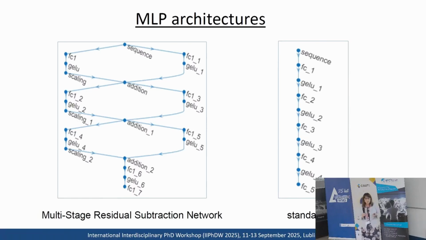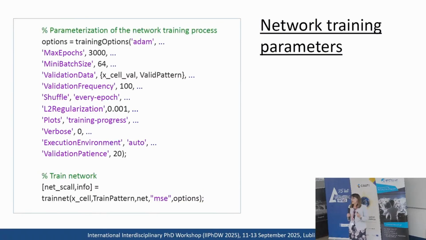To check if using this architecture we got better results, we use the same training parameters. So we use the same algorithm, validation frequency of 100, and validation patience of 20, to make sure that we don't overfit these networks.